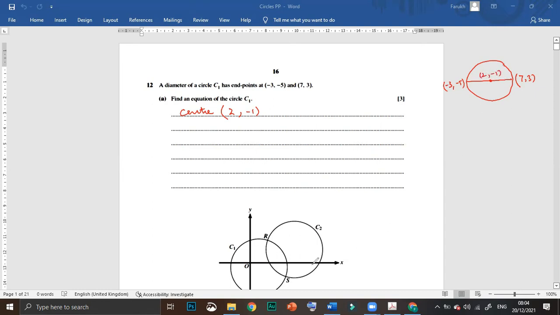Now, the length from the midpoint to the circumference of the circle is the radius. We will find the distance of these 2 points.